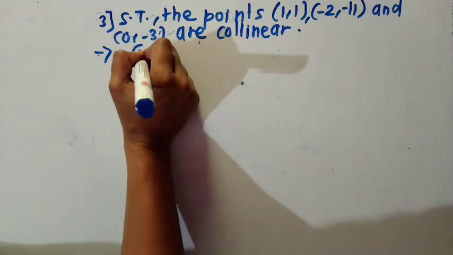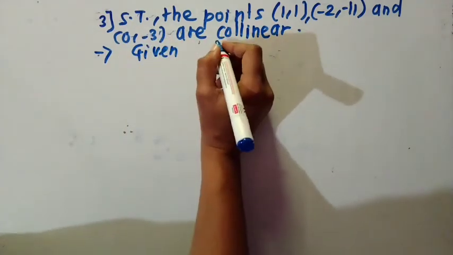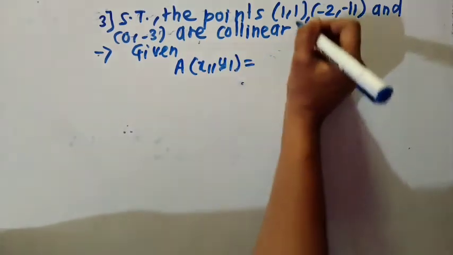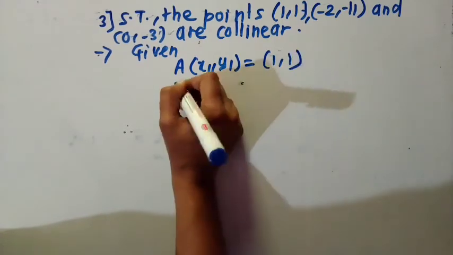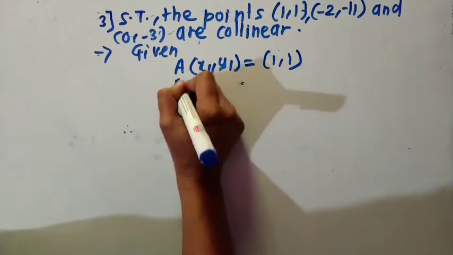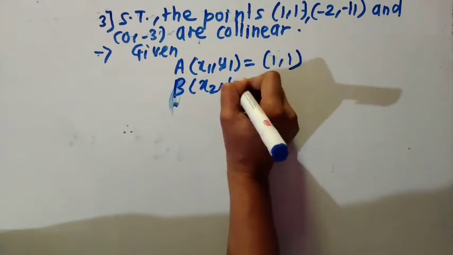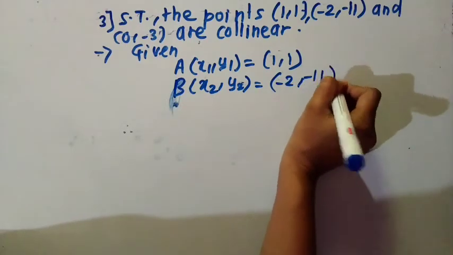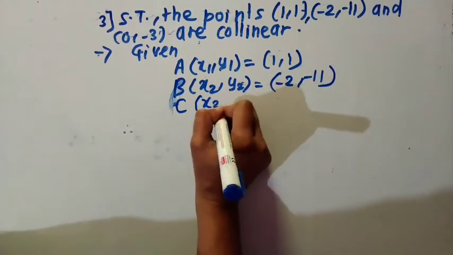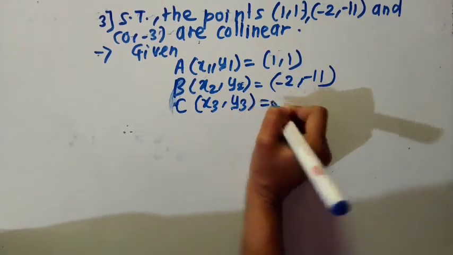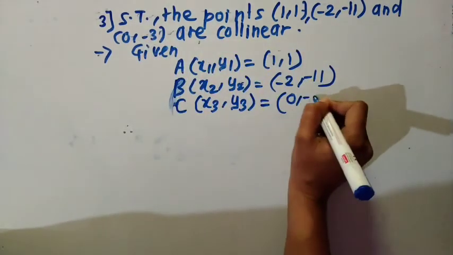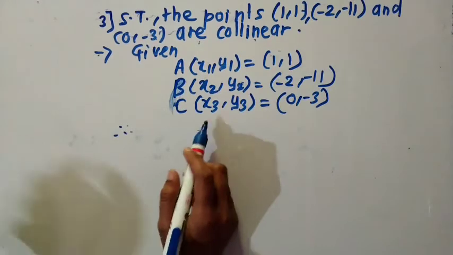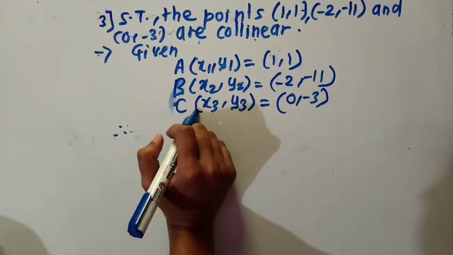First, given points are A (x1, y1) is equal to (1, 1), B (x2, y2) is equal to (-2, -11), and C (x3, y3) is equal to (0, -3), and points are collinear if slope of AB is equal to slope of AC.